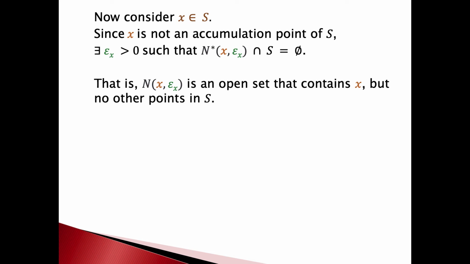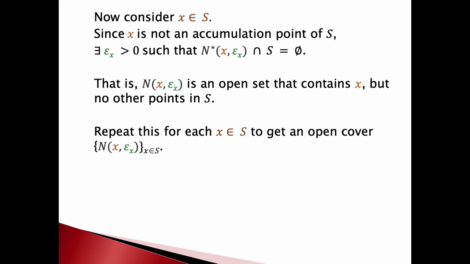And then I just repeat that for all the different points that are in S. At every point in S, I get a little open set that contains x but no other points of S. That means if I union all of those together, of course it will cover S, right? The union will contain all of S because every point in S is contained inside one of these neighborhoods.